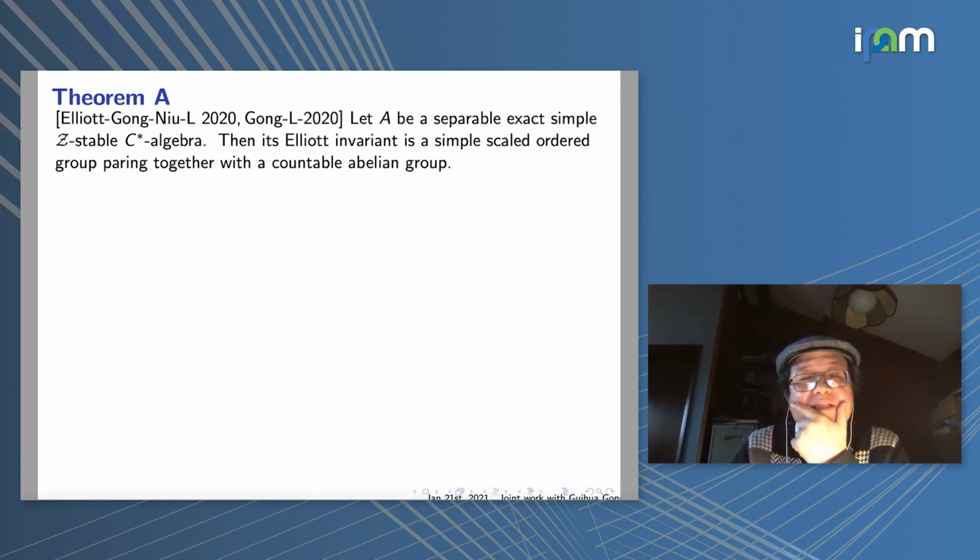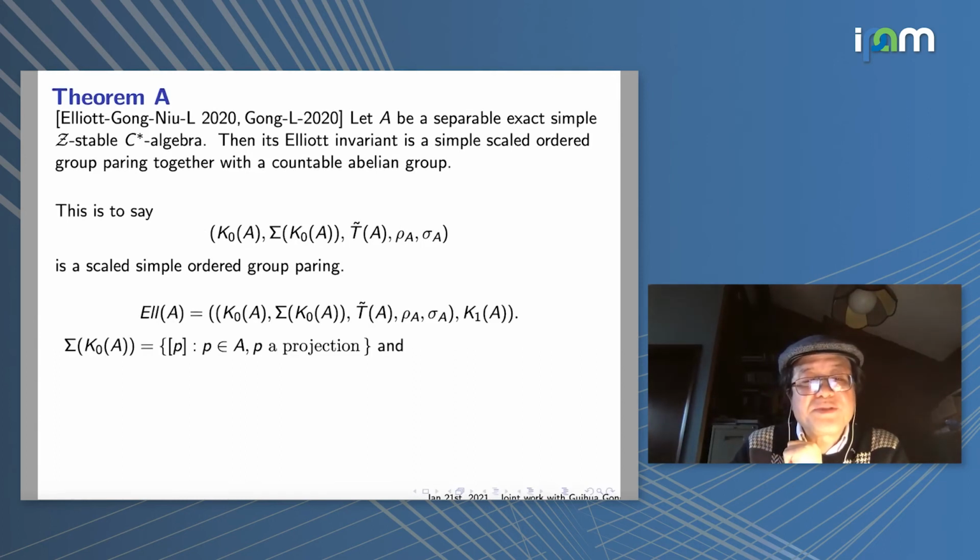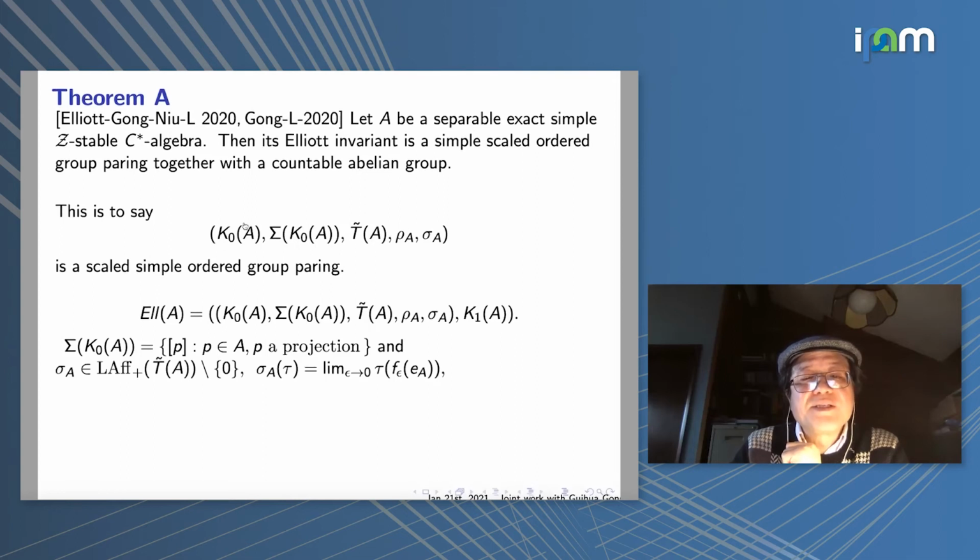What that means is that, maybe I should show the whole slide, this Sigma K0 is the image of projections in the K0 of A, and Sigma A is a lower semi-continuous function.